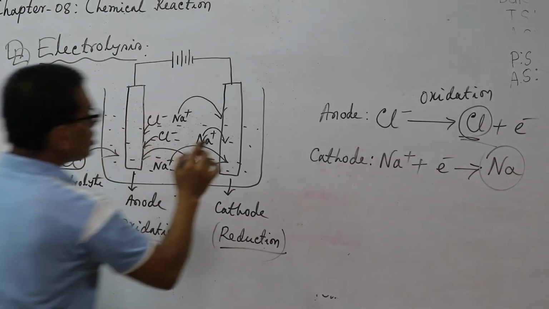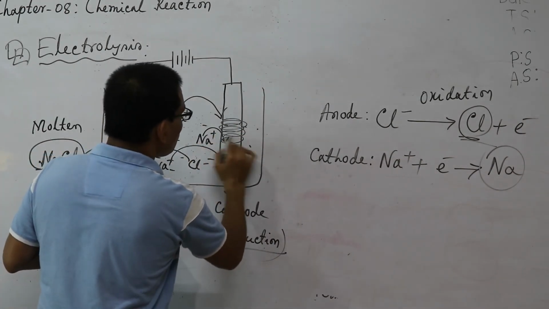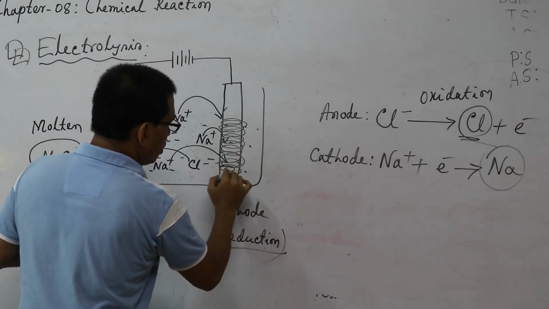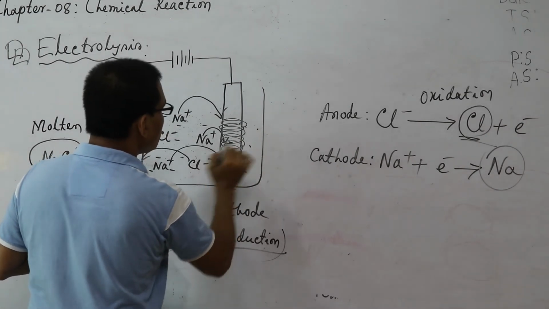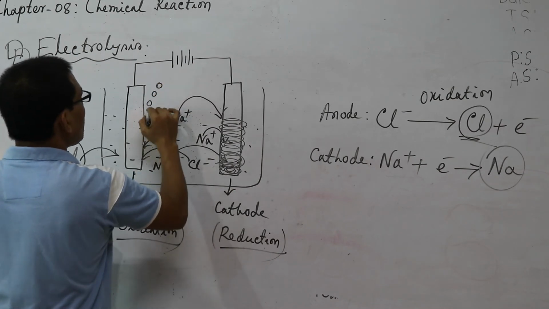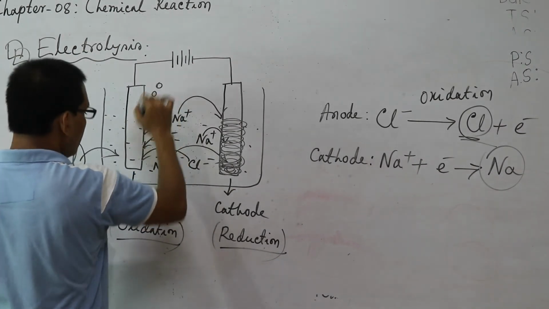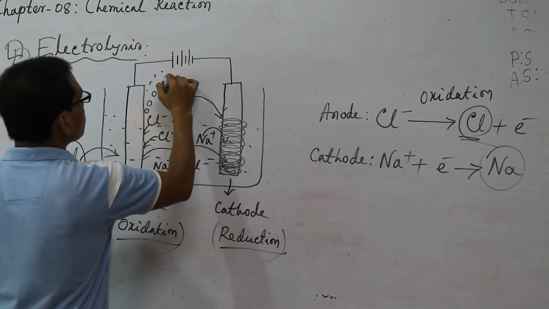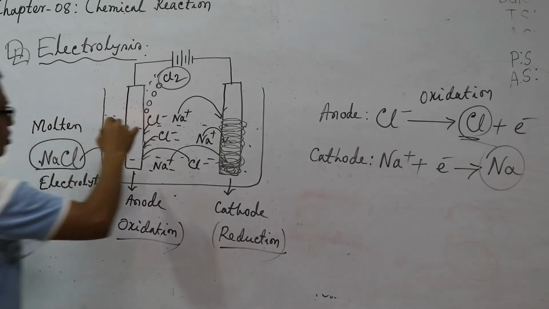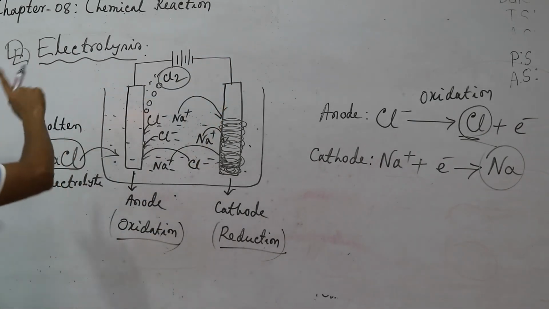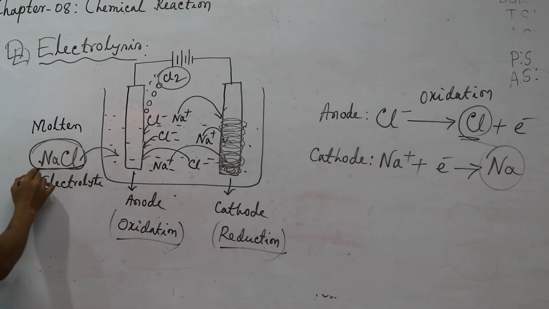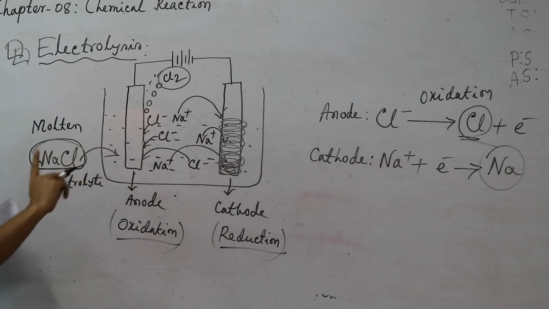As a result, the metallic sodium will be deposited on the cathode electrode, and as chlorine is gas, Cl2, diatomic, bubbles come out from the anode. So by the process of electrolysis, chemical change occurred in sodium chloride, and sodium and chlorine are produced.